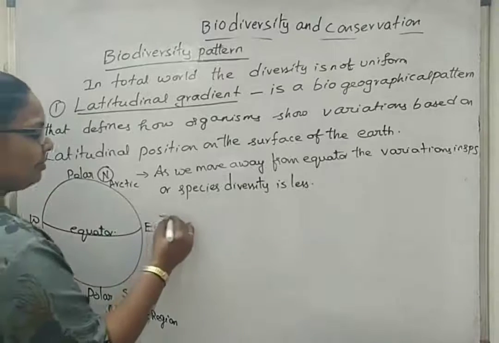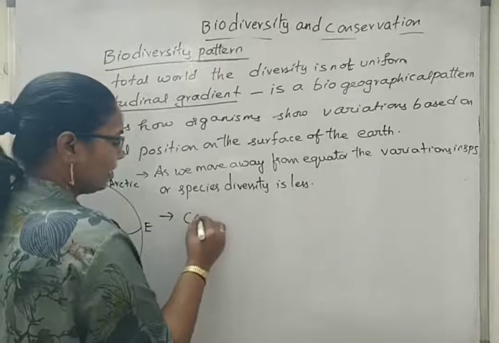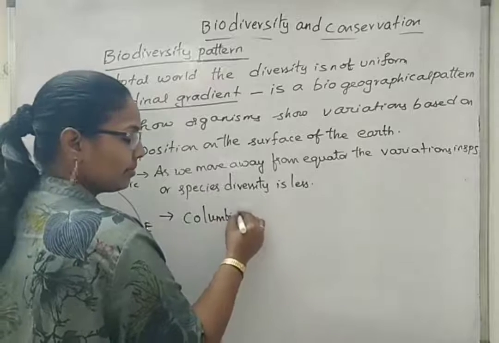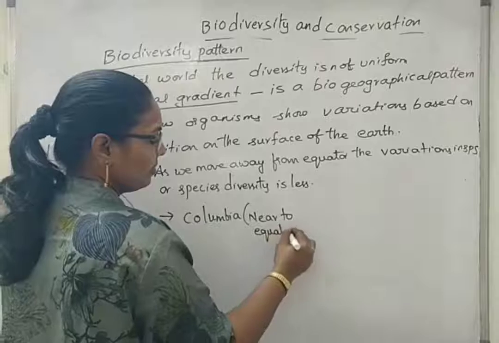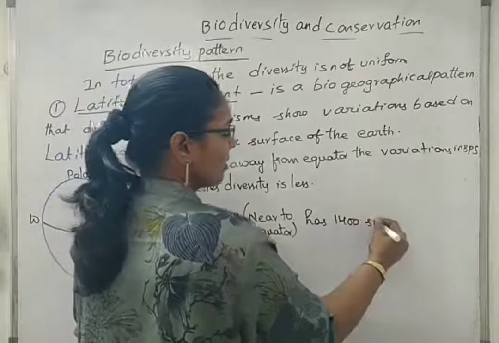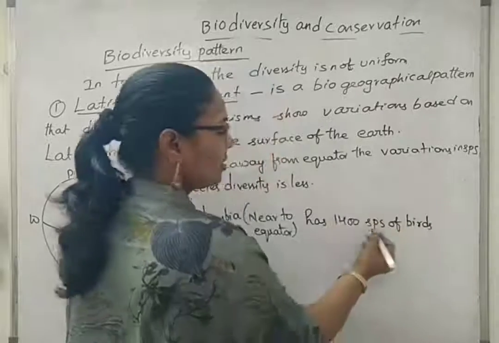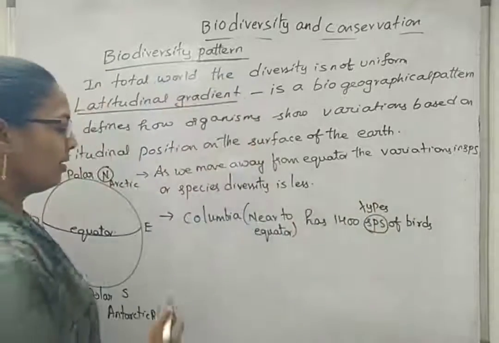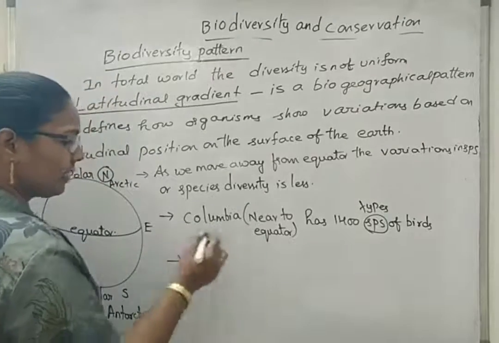Now, for suppose there is one example according to NCERT: Colombia, which is near to the equator, has 1400 species of birds. Here, species means not the number but the types. Because it is near the equator, it shows a lot of diversity.